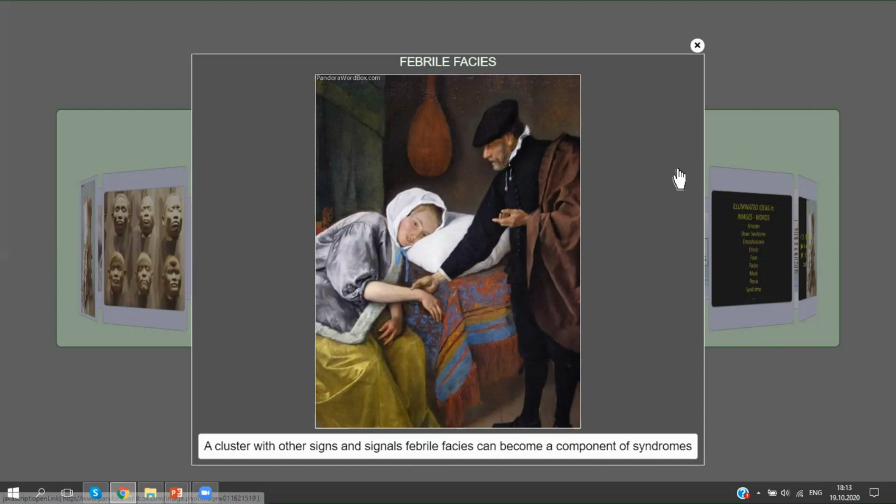So here we have a full syndrome, a face, a facies, and a syndrome, signs and signals running concurrently, a weak pulse, which means the disorder is affecting her myocardium and so forth, rheumatic fever, febrile facies. Let's go on.